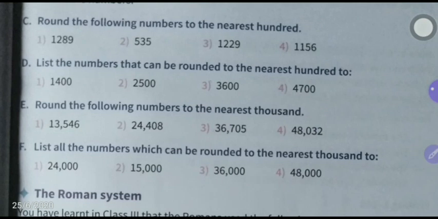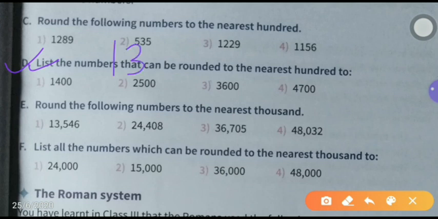Next, D number you see. List the numbers that can be rounded to the nearest hundreds. 1400 is given. Which numbers, if you round off, will you get 1400? 1350. If you round off 1350, you will get 1400. After that 1351, 1352, 1353, all these will come to 1400. 1400 also will become 1400.